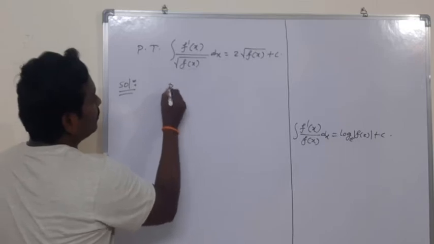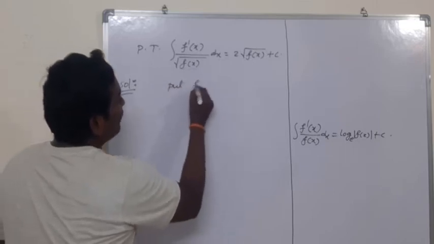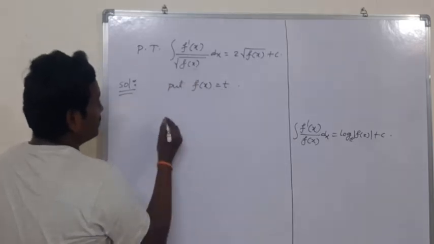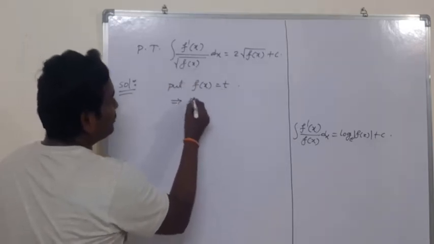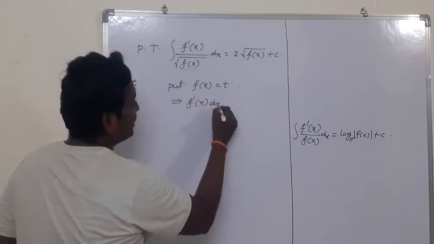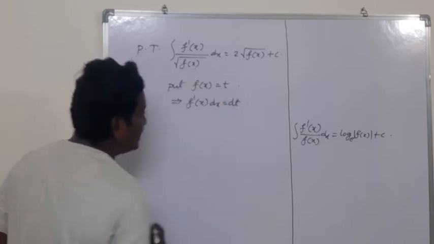So use the substitution: put f of x is equal to t. By taking the derivative you will get derivative of f of x, which is f dash of x into dx, is equal to dt.